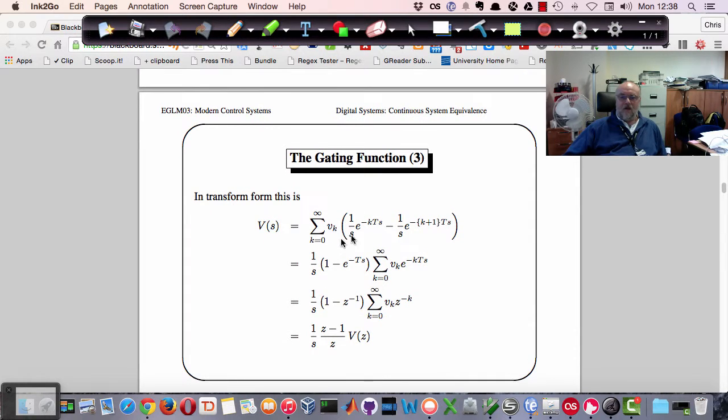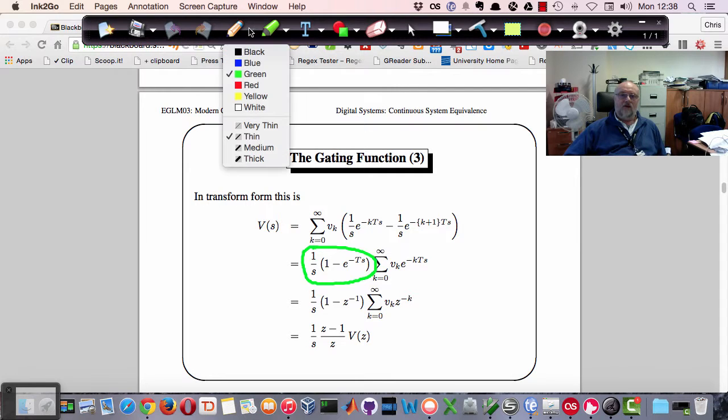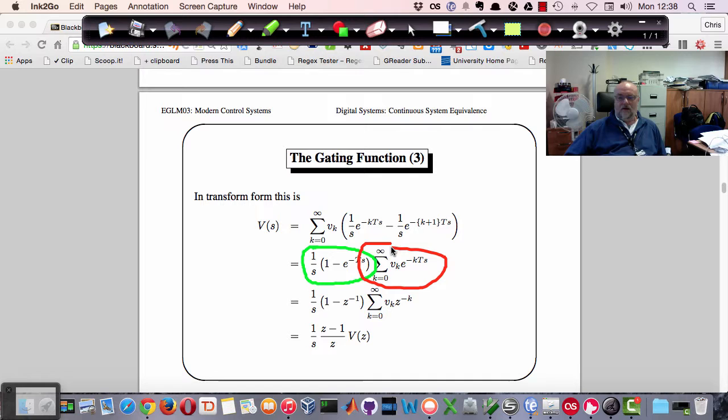We take out the common terms, the terms that don't involve k, and we end up with 1 over s times (1 minus e to the minus Ts), and then the rest of the summation is v k e to the minus kTs.